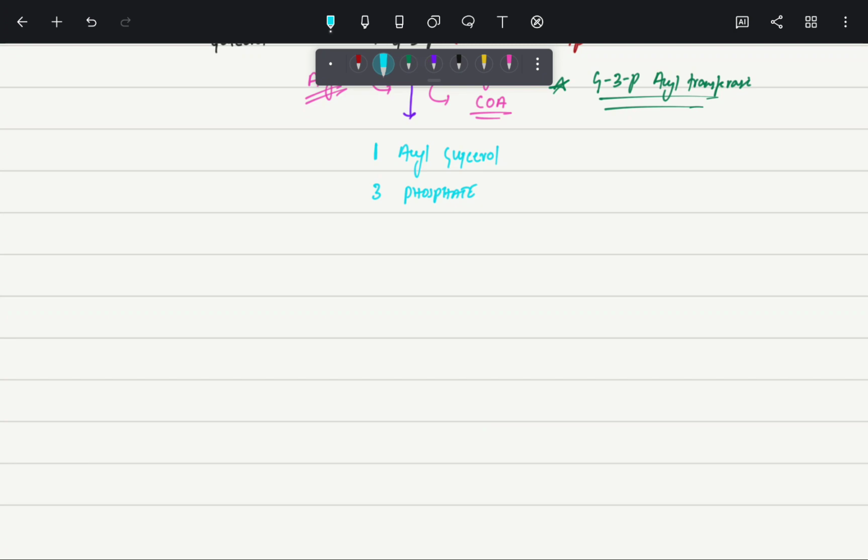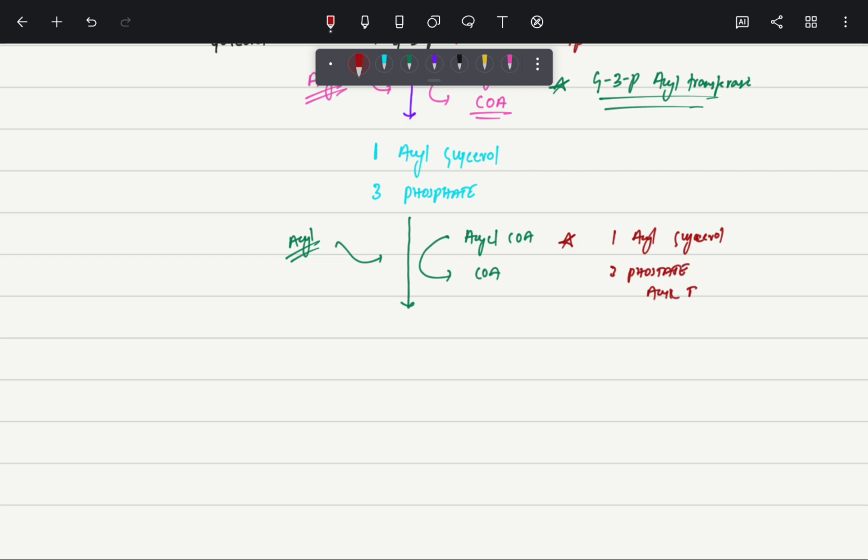Okay, eventually we are going to do the second acylation, and during this step acyl CoA gets converted into CoA, and the acyl group is added. And what is the enzyme responsible here? Which is your 1-acylglycerol 3-phosphate acyltransferase.